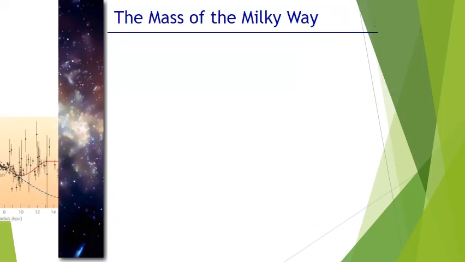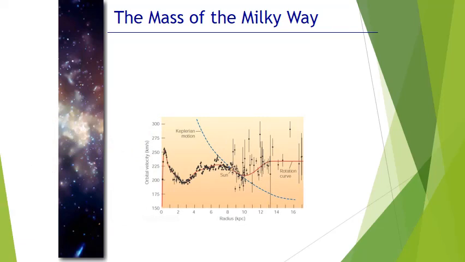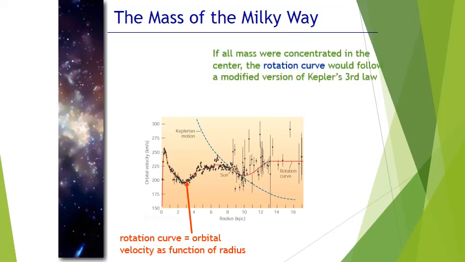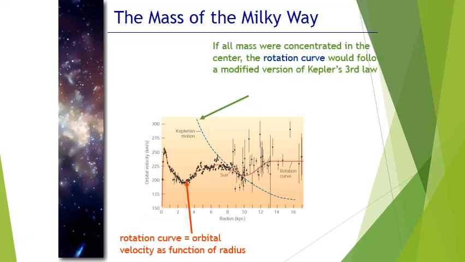Okay, so as I mentioned, when you start to plot the velocity of stars with respect to their distance away from the center of the galaxy, you would expect to see this kind of a relationship, the Kepler kind of relationship, where as you increase the distance, the star should be moving slower. In reality, with the measurements that have been taken, you actually see this curve here, which does not show that decrease in velocity with distance from the center.